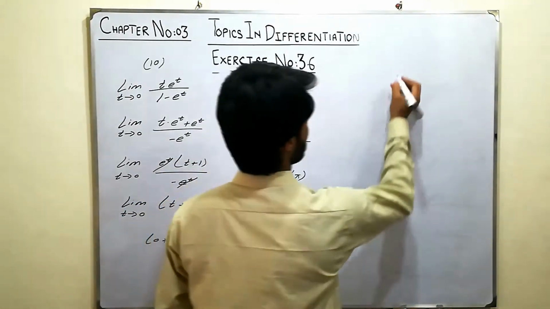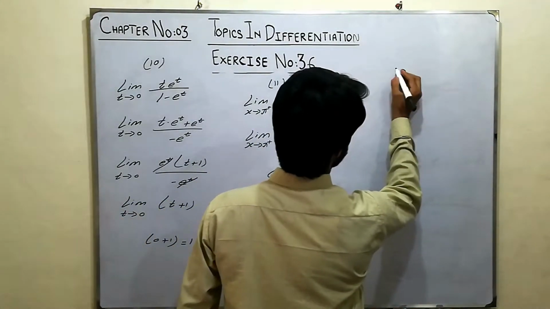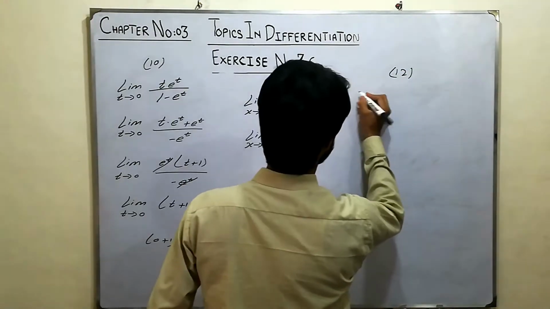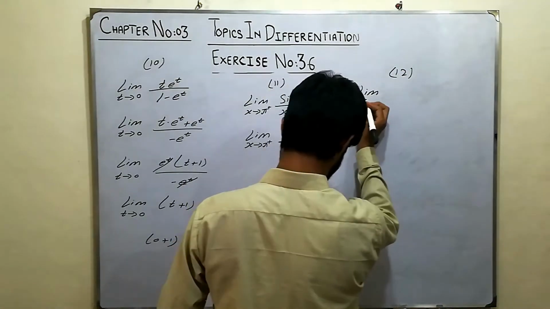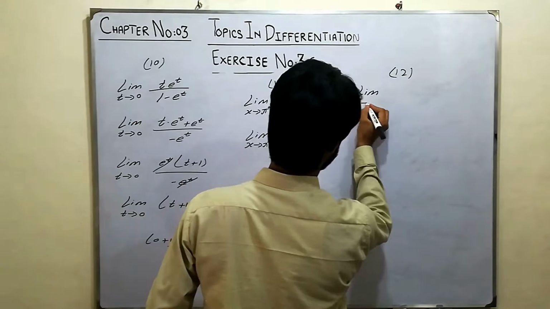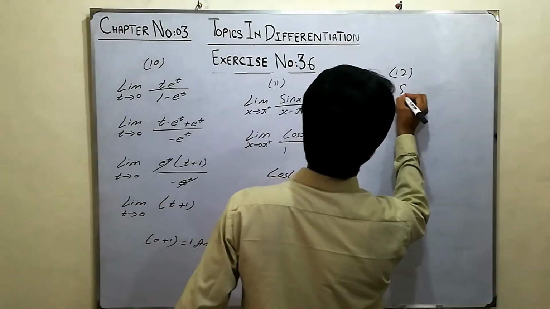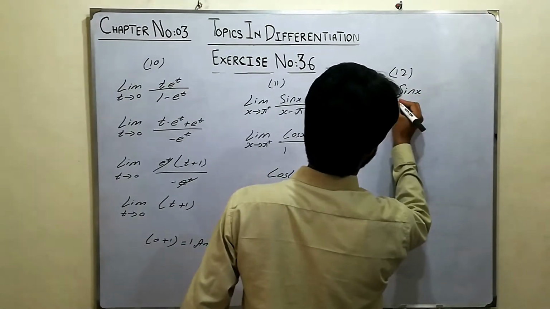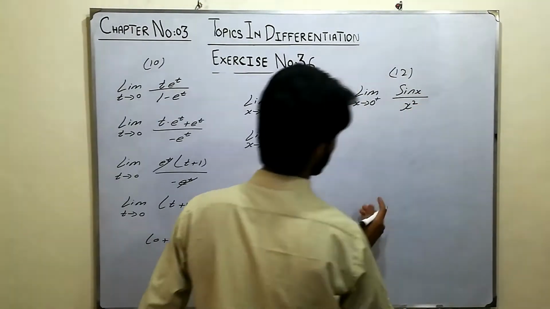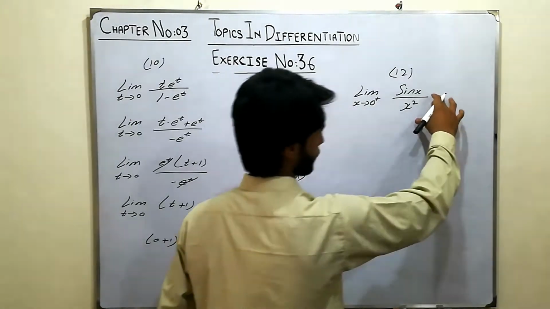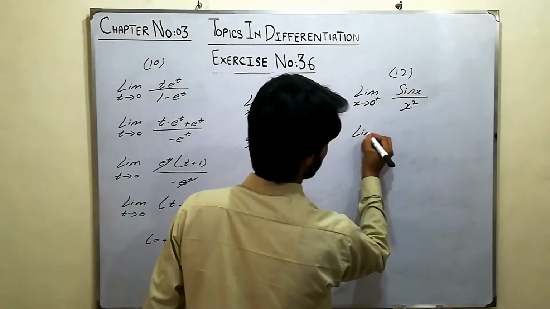Now go for question number 12: limit as x approaches 0 of sin x divided by x squared. If we put the limit, we have the form 0 by 0. Now take the separate derivative.